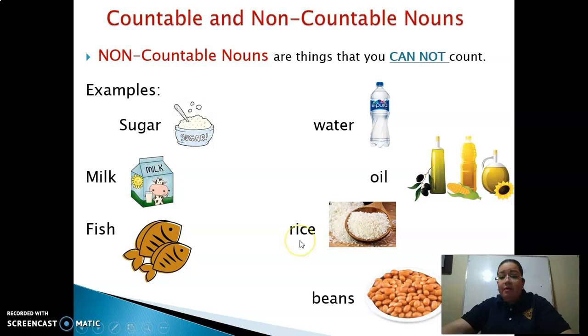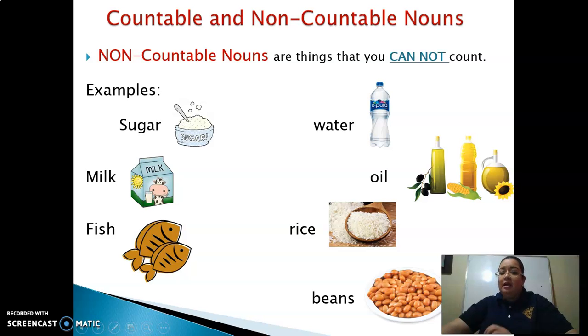Then we also have rice, okay. I have never in my life seen a woman while cooking rice counting grain by grain, you know. It's like, no, 341 grains, no, you cannot count them, just the kilogram and that's all. As well as beans. No Mexican mother has ever been counting beans while cleaning them, you know.